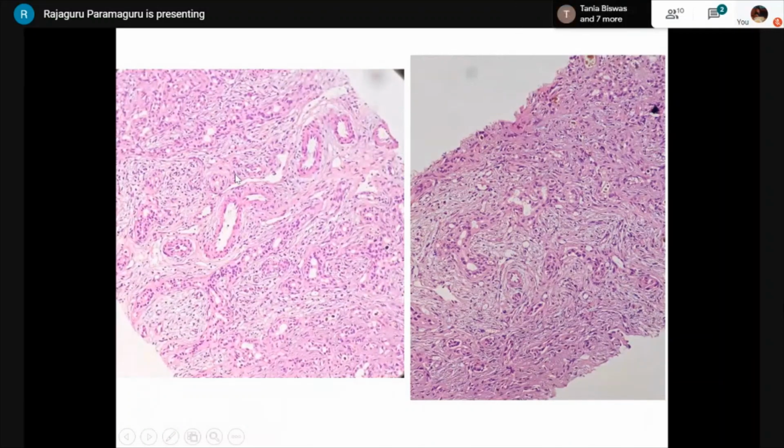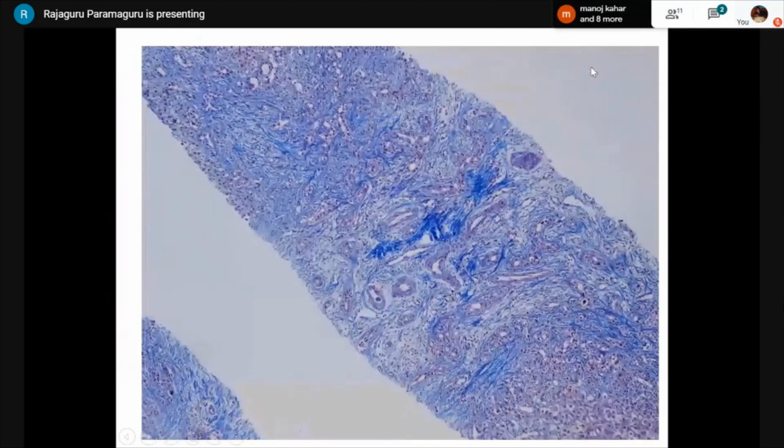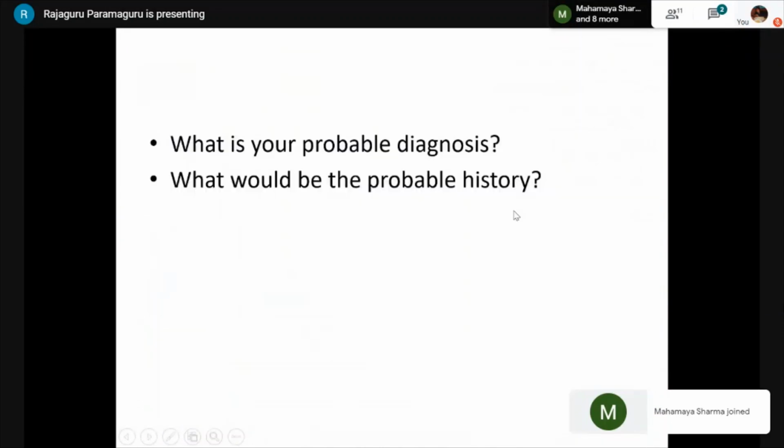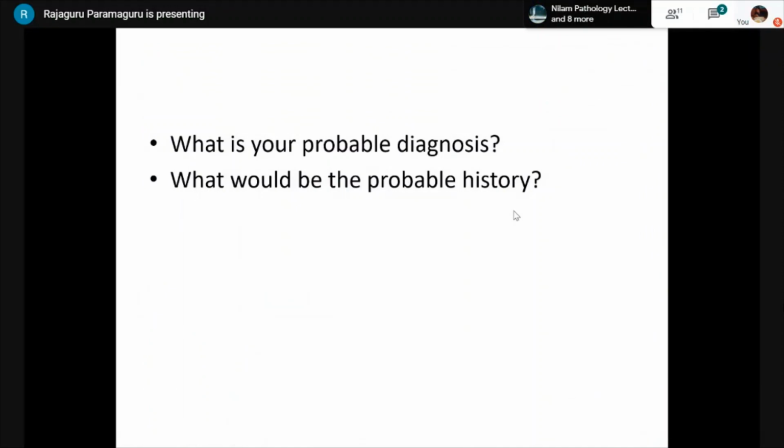See if these portal areas are fibrotic or not. Is it collagenized or not? Are you able to see something within the lumen? And this is a trichrome. How does the trichrome appear here and here? So with this, what is your probable diagnosis?